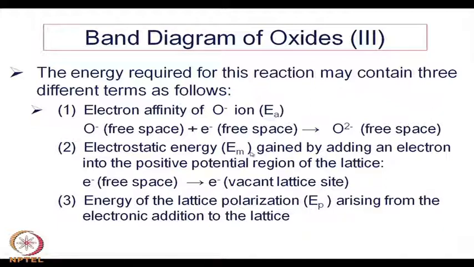So, there are three different energy terms: EA, the electron affinity, then the energy gained by the system because the negative ion is being added to the positive potential of the lattice, and then there is a polarization because of the addition of a charge to the crystal lattice.